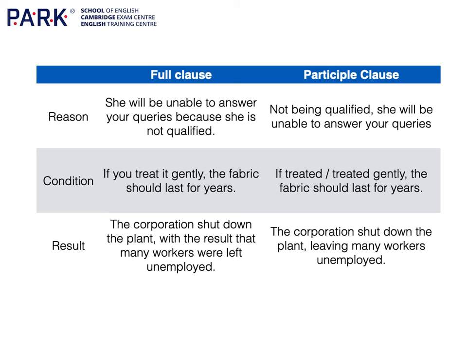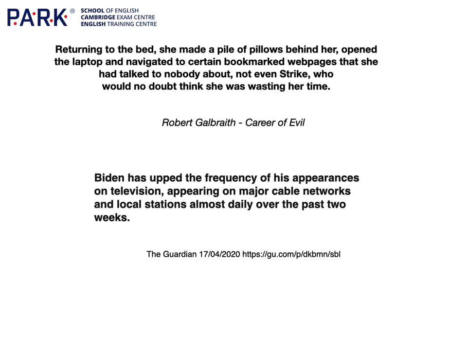So here are a few examples. But what about real life? I found a few more examples, for example, in a book by Robert Galbraith. You see that this is a very complex sentence, which is still easily readable.